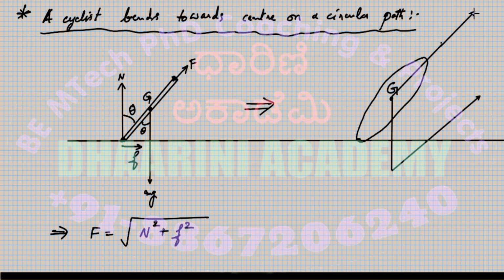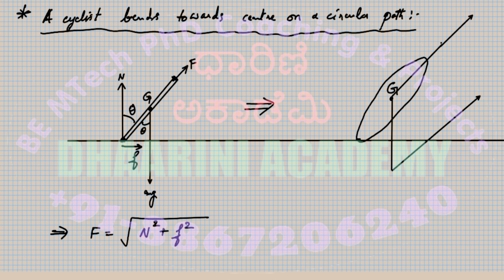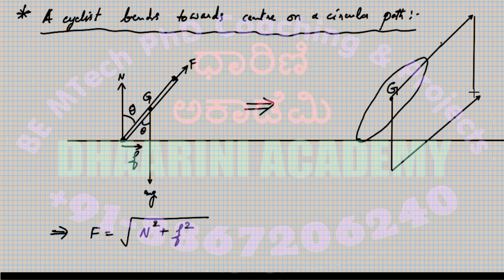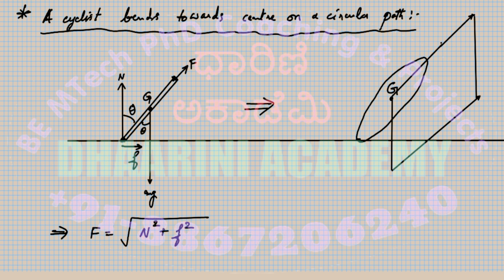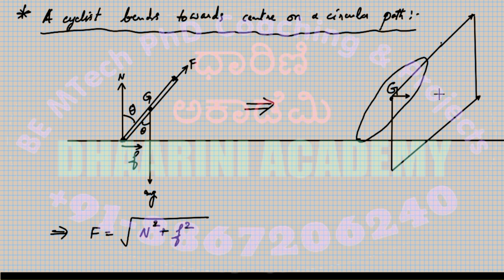Okay, why are we doing this? Because this has to match. This has to come to the center. So what we do, we'll finish the parallelogram. So this is the parallelogram. And now we know that the diagonal of the parallelogram is going to give you the resultant. Now you see the resultant is, this is the F, right?